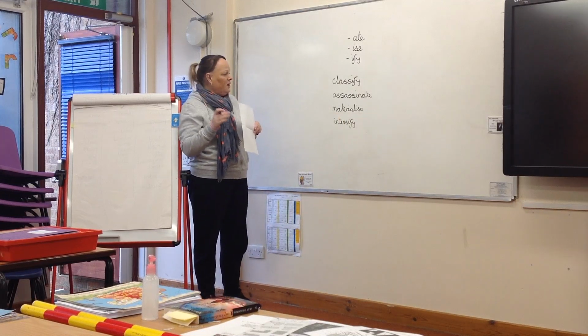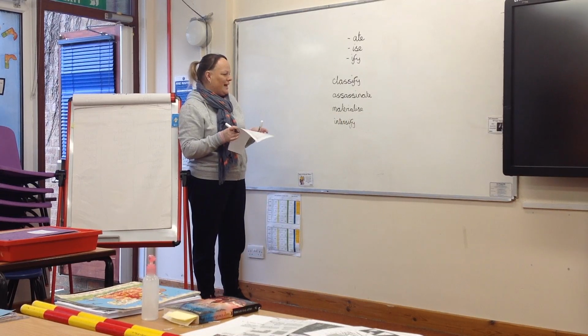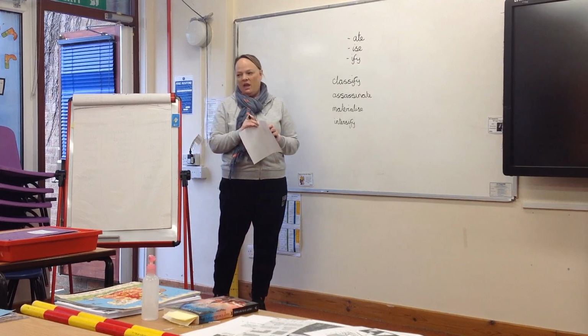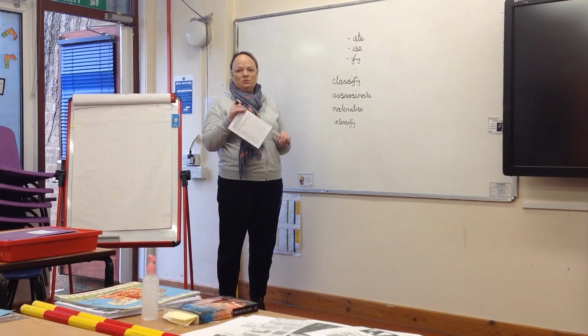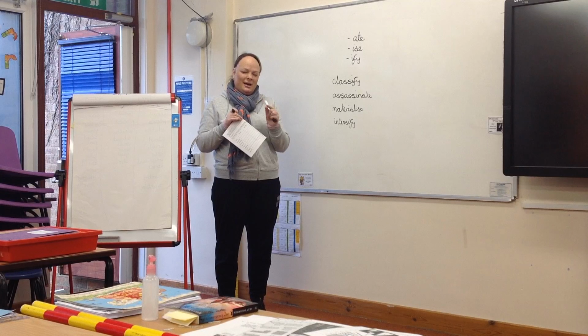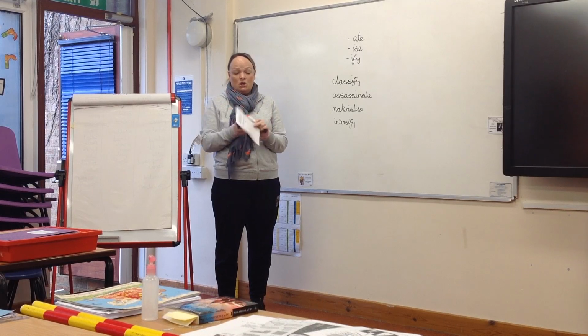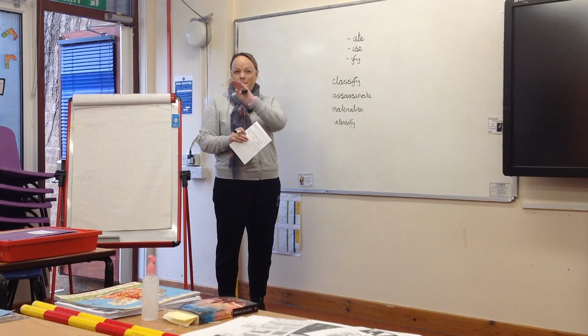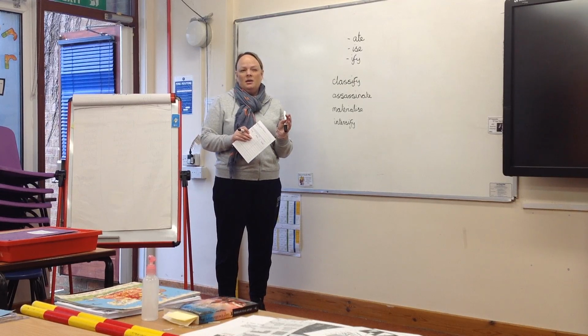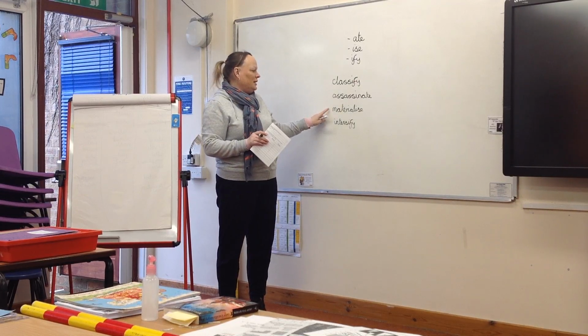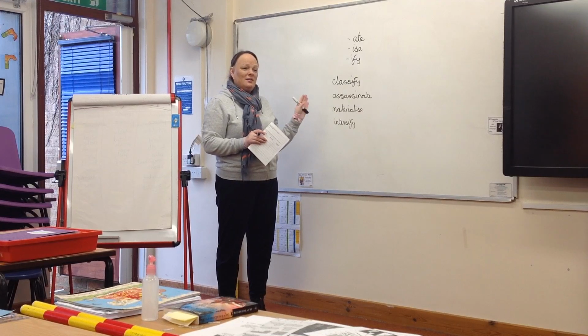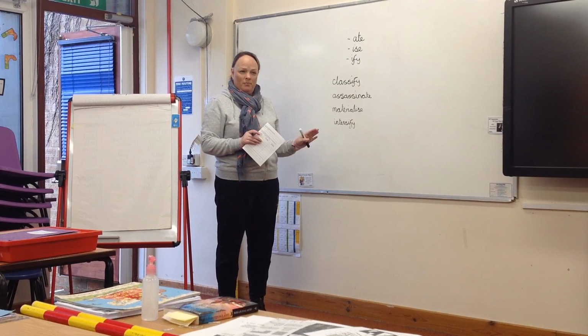There's four there. Now, what was the rule? We're changing nouns or adjectives into verbs. So we're going to go backwards and think if we can identify what the noun or adjective is that this word has come from. Does that make sense? Okay.